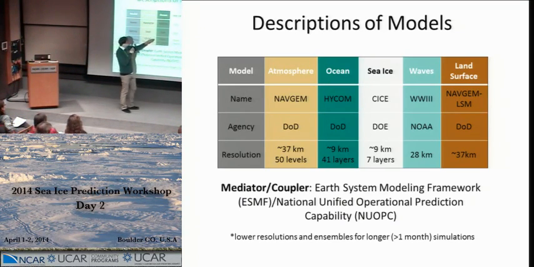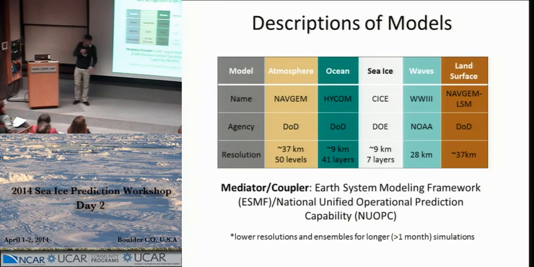Our ocean and sea ice models are pretty high resolution for global models, at 9 kilometers, so we're getting a lot of the eddies within the ocean model globally. The mediator, I should mention, is part of the Earth System Modeling Framework with the National Unified Operational Prediction System.